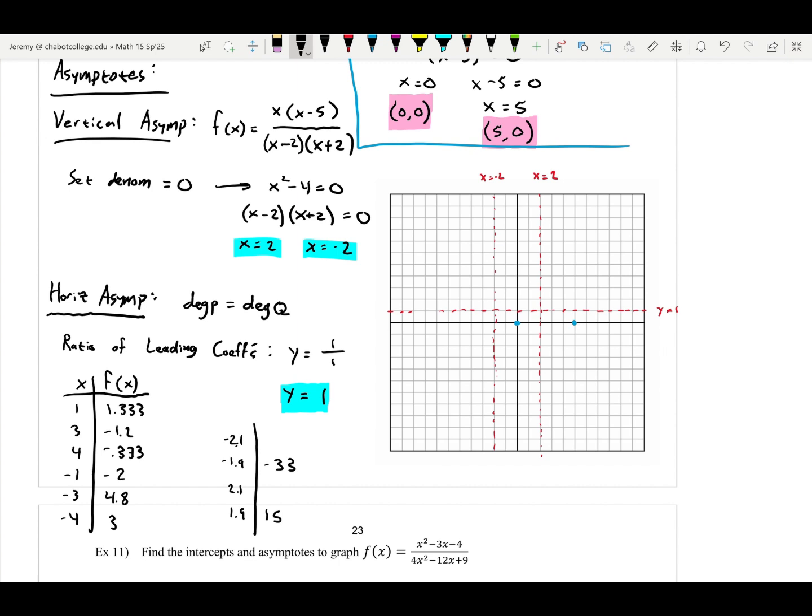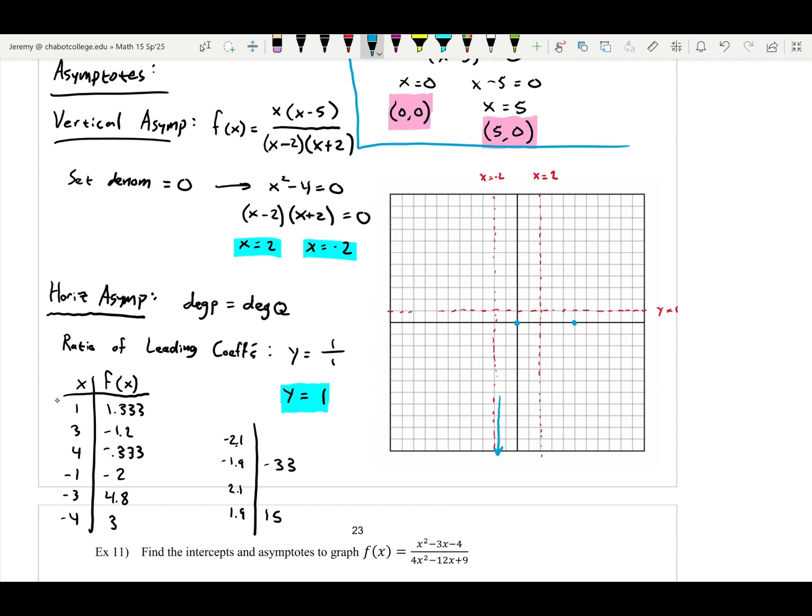So I put in -1.9 and got out -33. That tells me that close to this vertical asymptote, the graph is going to be going down, right? -33 is a large negative number. And then I put in +1.9, I got 15.